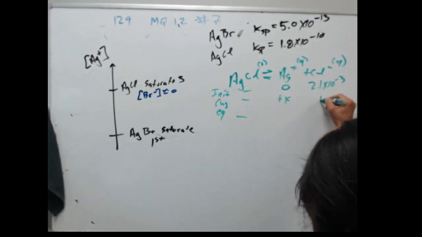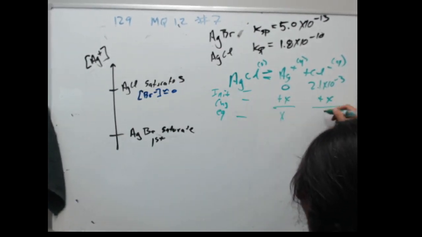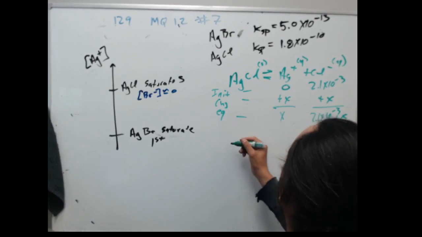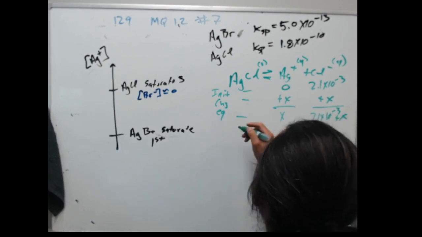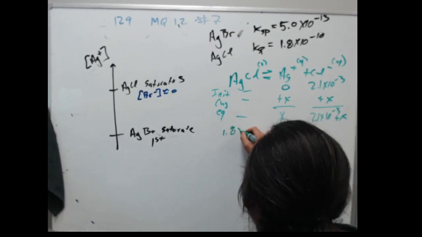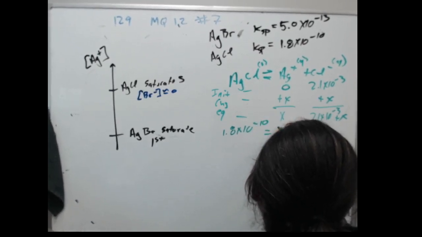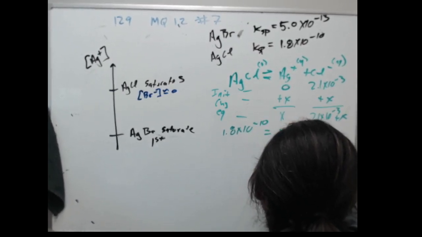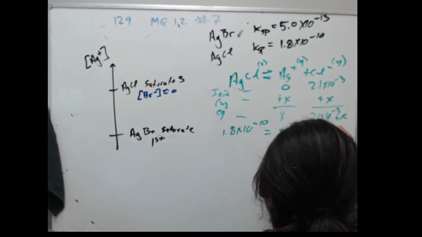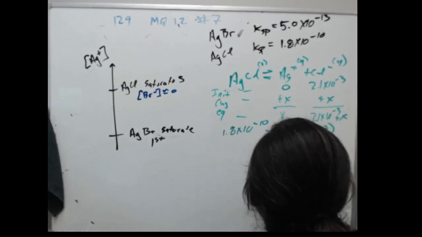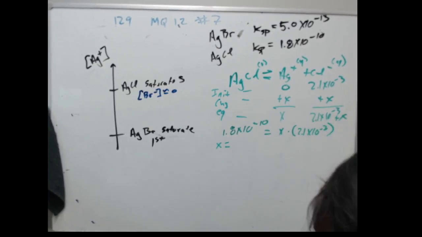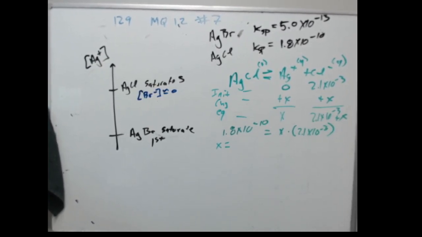This is plus x, x, 2.1 times 10 to the minus 3 plus x. I'm going to just approximate. I'm going to have 1.8 times 10 to the minus 10 equal to x times 2.1 times 10 to the minus 3. I can solve for x pretty easily just by doing a division.